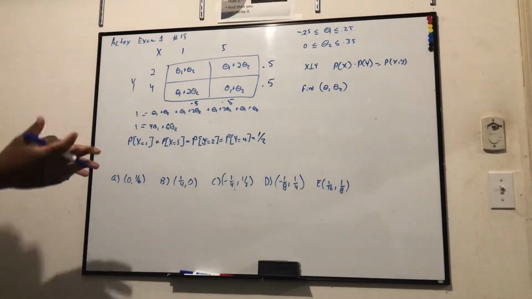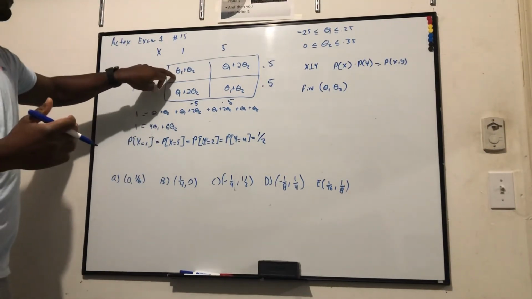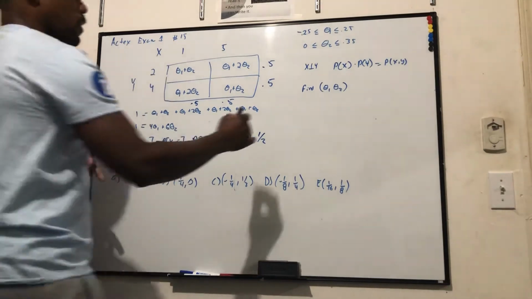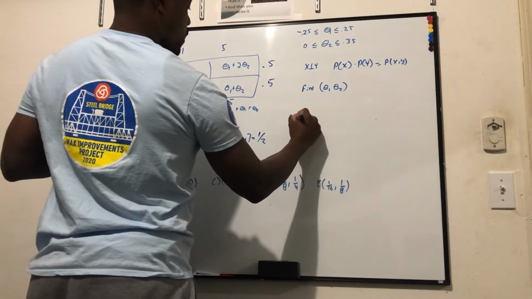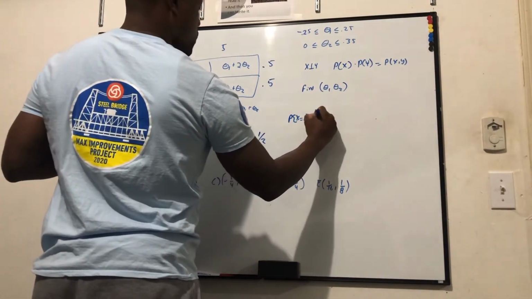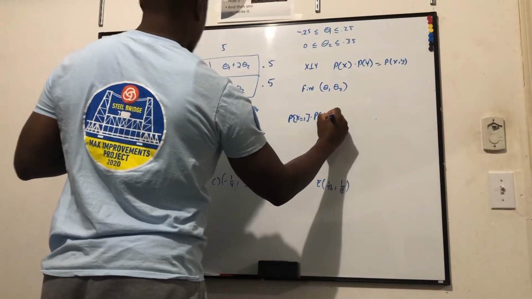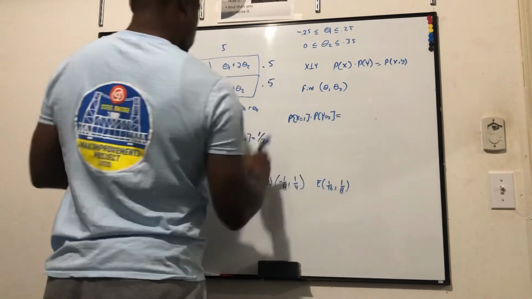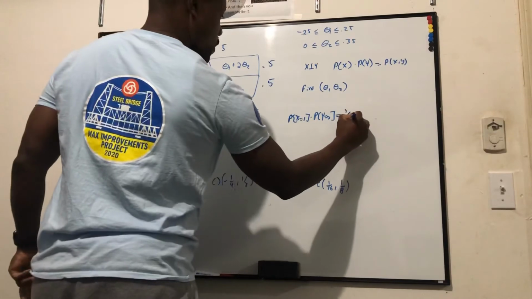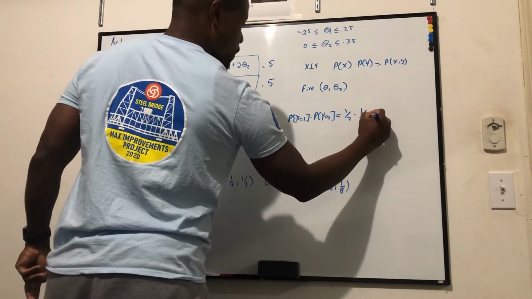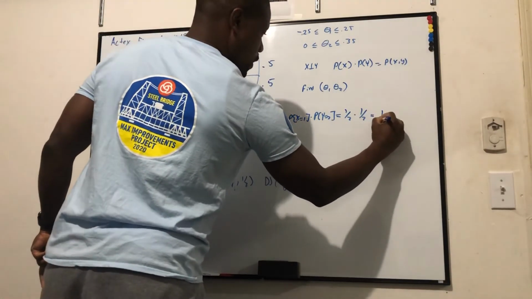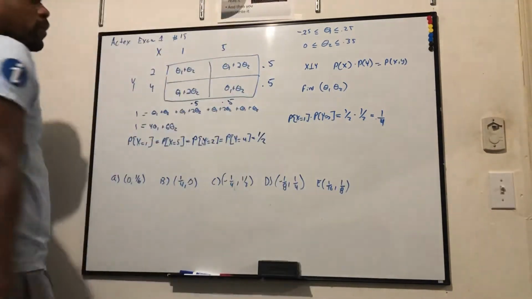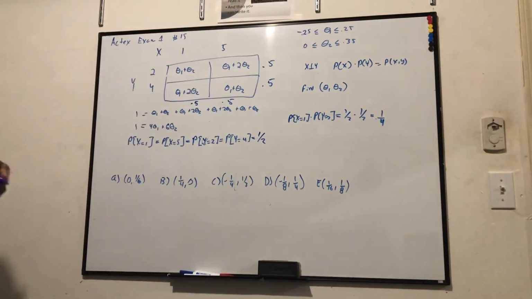So now we know our marginals, and now we get to use what we know. To find this probability, it's the probability of X equals 1 times the probability of Y equals 2, and we use our probabilities. There it is, 0.4. We know exactly what that one is.